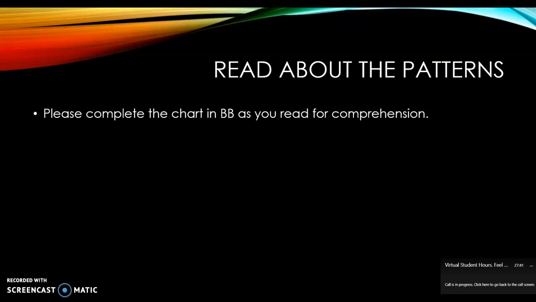Because if you can figure out what pattern is being used, is it comparison? Is it analysis? Is it classification? It makes reading for comprehension and figuring out the major and minor details super easy.